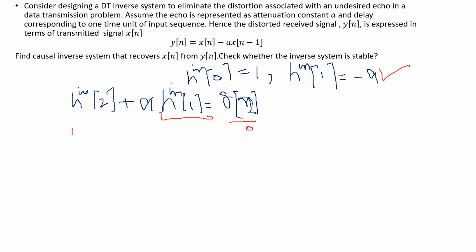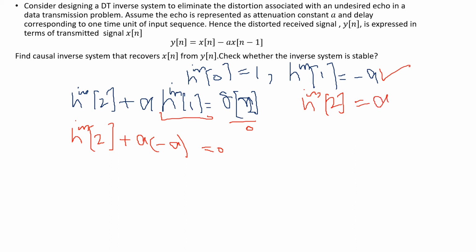So that means I can write h inverse of 2, and plus a, and then multiplied by minus a, and this equals 0. So a multiplied by a is a square, minus a square. When I bring it to this side, it will become plus a square. So h inverse of 2 equals plus a square.